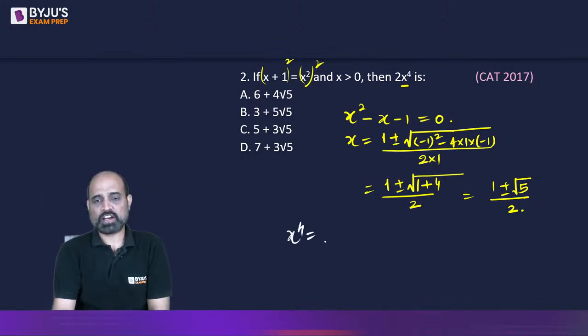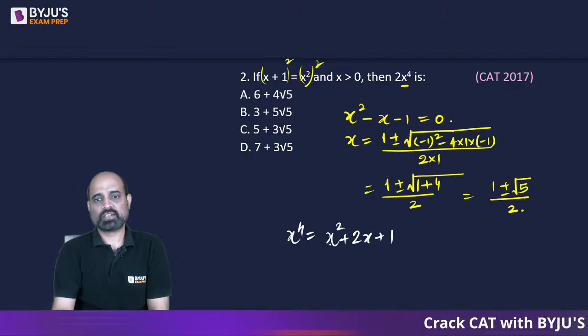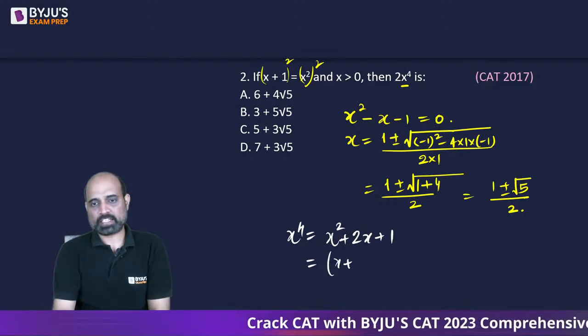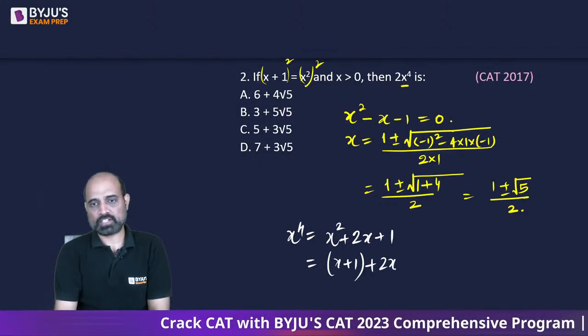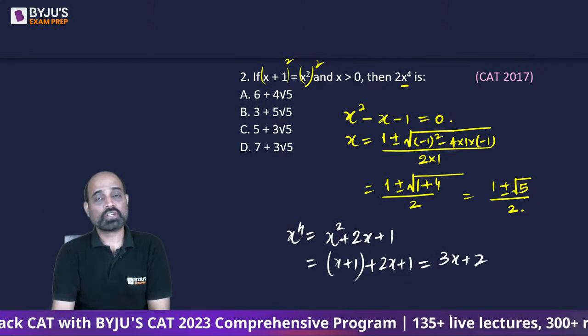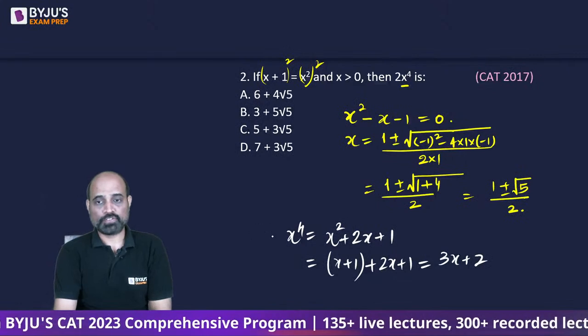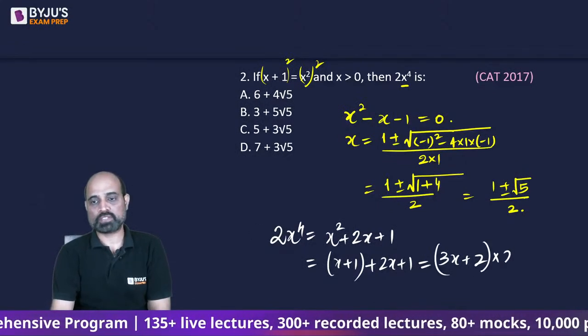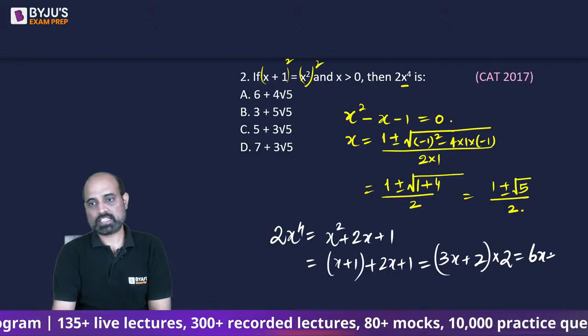So x to the power 4 will become x square plus 2x plus 1. Now, instead of x square we can write x plus 1 and then another 2x plus 1. So this results in 3x plus 2. This is x to the power 4. We are asked to find 2 times x to the power 4, which becomes 6x plus 4.